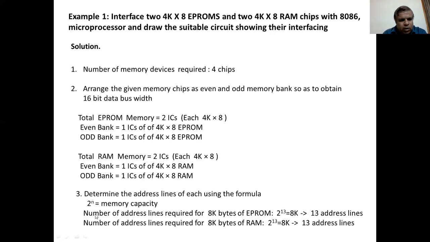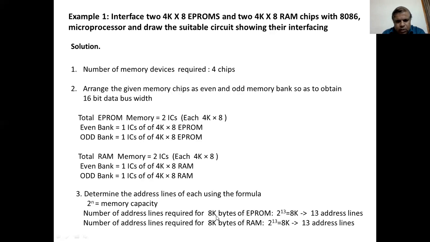So number of address lines required for 8K bytes of ROM. So how is it 8K? Because there are two 4K x 8 ROMs, 4K plus 4K, so it is 8K bytes of ROM. Representing this in the formula, 2 to the power of 13 is equal to 8K.